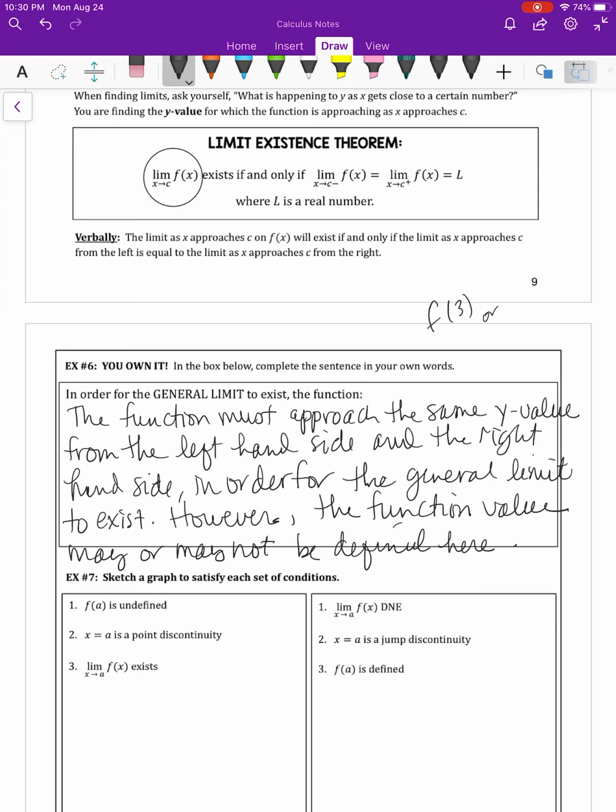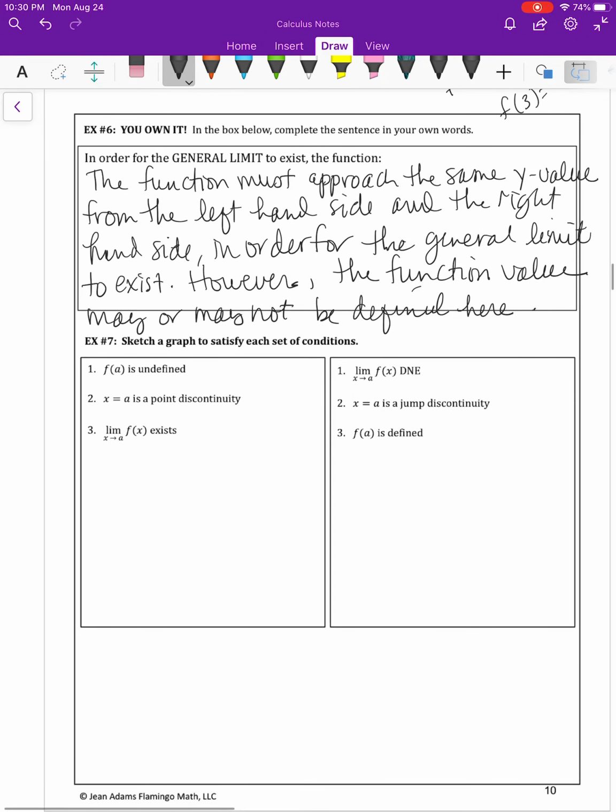There might be an f of 3 that equals some value, or f of 3 might be undefined. And either one of these situations can still have a general limit that exists, depending on what else the function is doing.